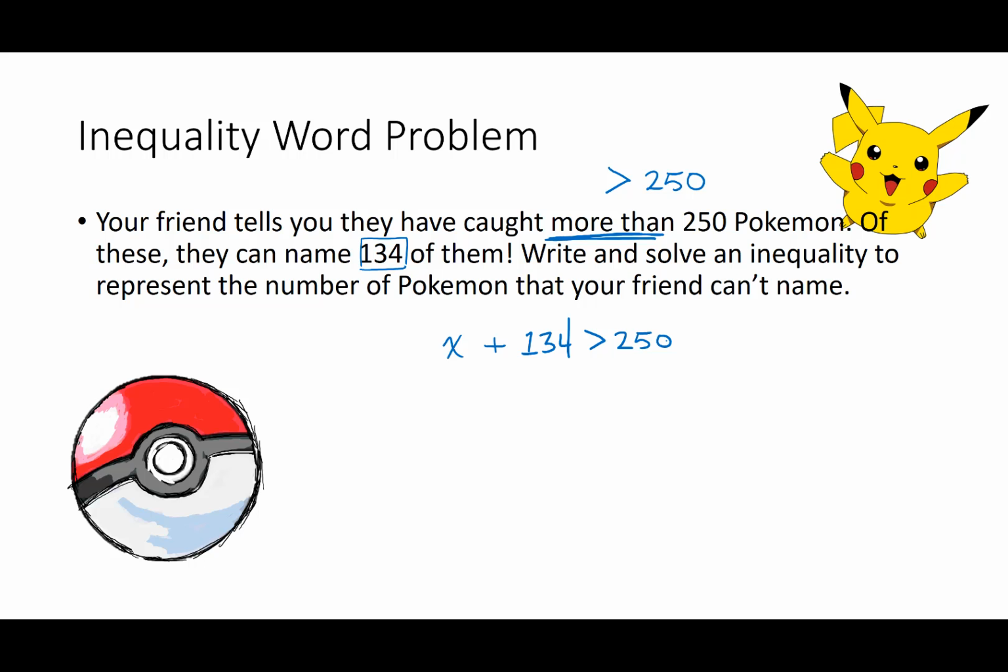So the number they've caught is more than 250. I'm going to subtract 134 on both sides. X is greater than 116. So there's 116 at least that they cannot name.